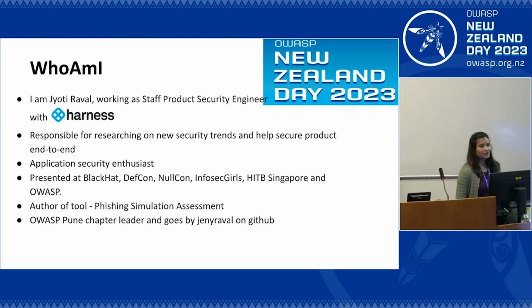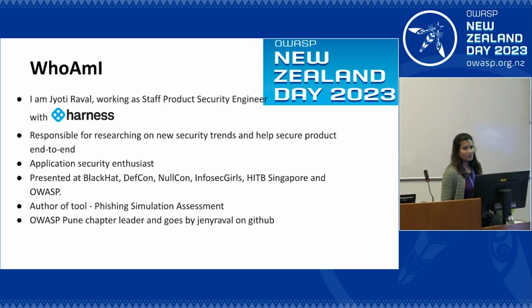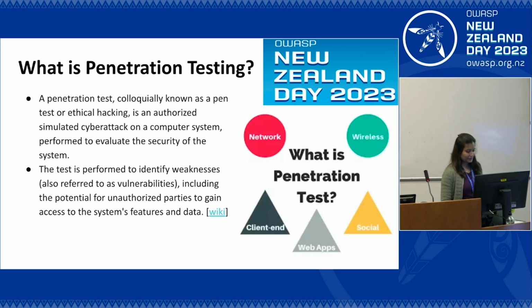I also authored one tool called Phishing Simulation Assessment, which is also an open source tool, along with the one that I'm going to present today. I head the OWASP Pune chapter. Pune is a city in India, and my GitHub handle is Jenny Raval.